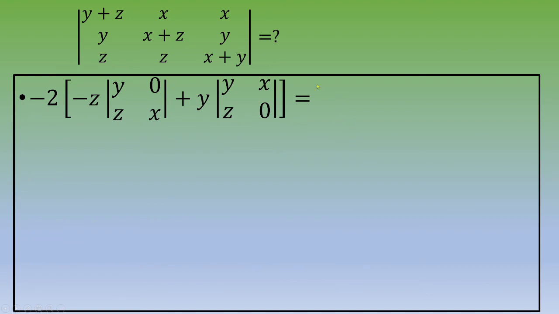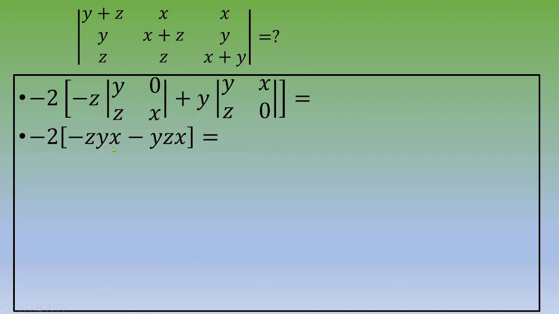So now, if you calculate, this is negative 2 times minus z times (yx minus 0 times z).